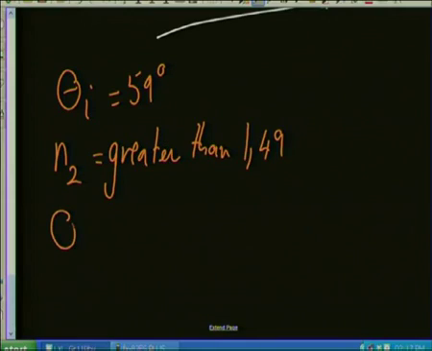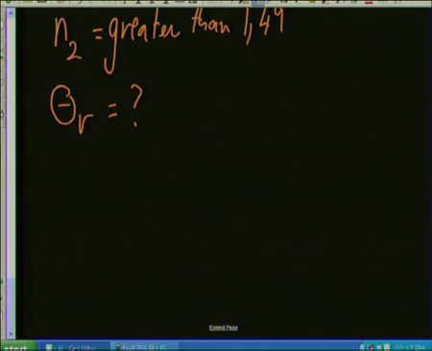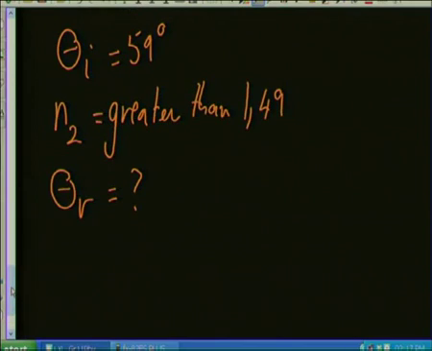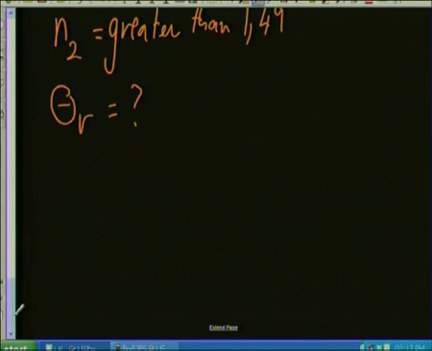We want to recognize what's going to happen to the angle of refraction. That's the question. Let's have a look at our Snell's law equation. And where we go with Snell's law is to say, right, we start with n1 times sine theta 1.